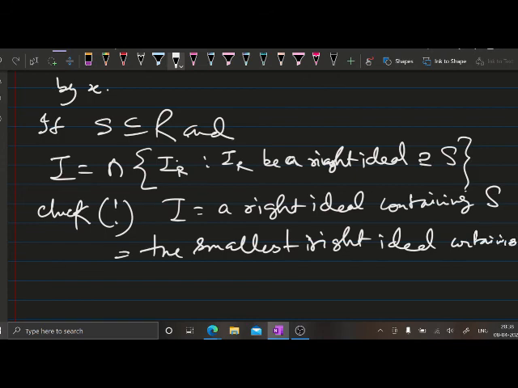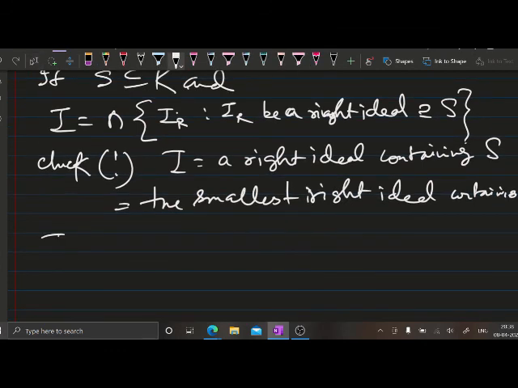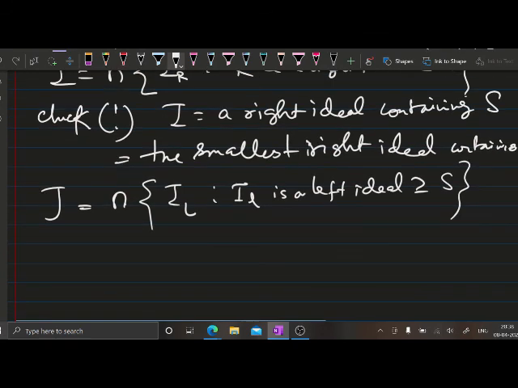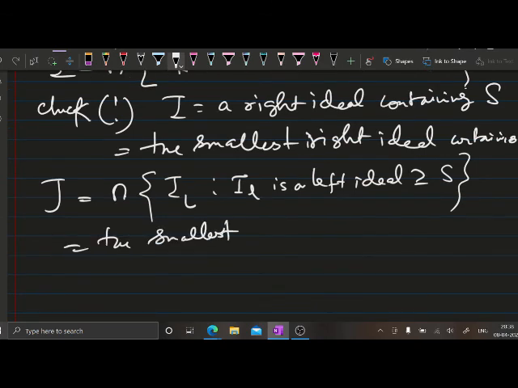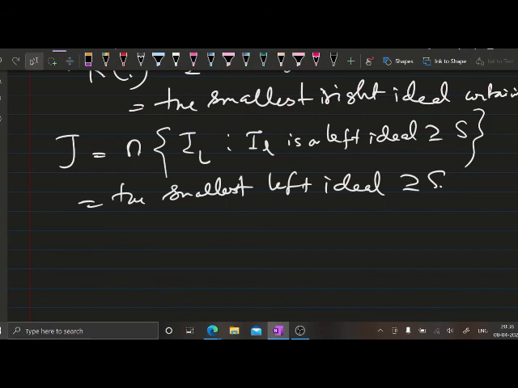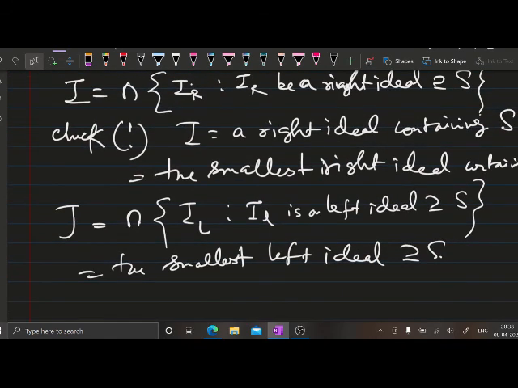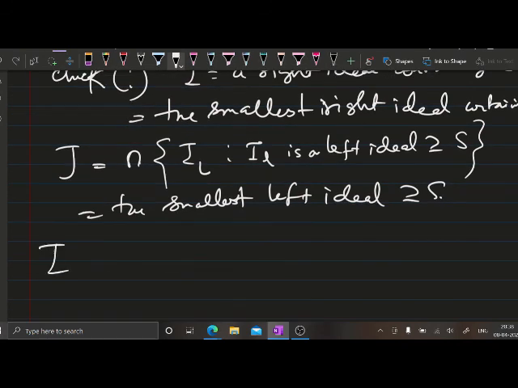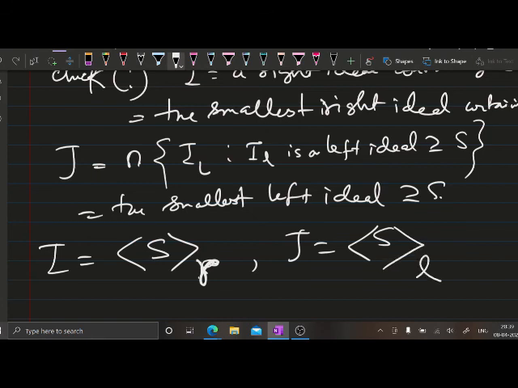And in a similar fashion, if you consider another one, J, which is the intersection of all left ideals containing S, then it will be the smallest left ideal containing S. And using the same way you can define the smallest ideal containing S. So I will be denoted by angle bracket S subscript r, and J will be denoted by angle bracket S subscript l.